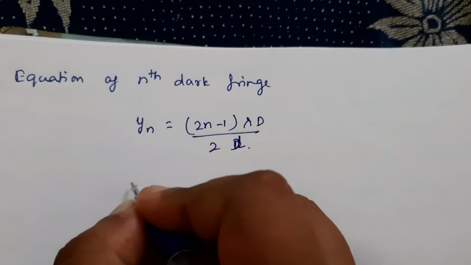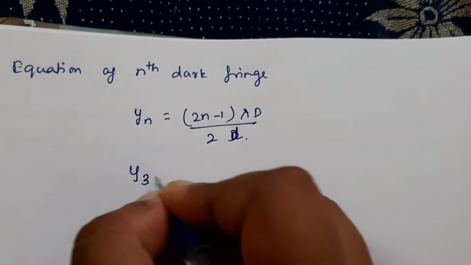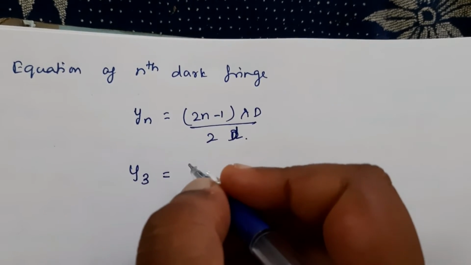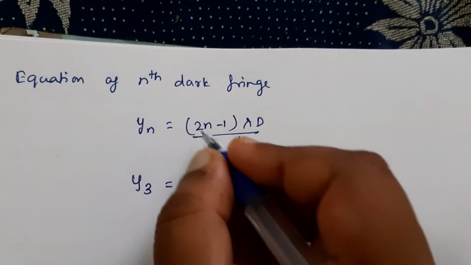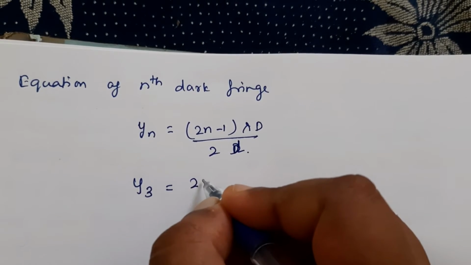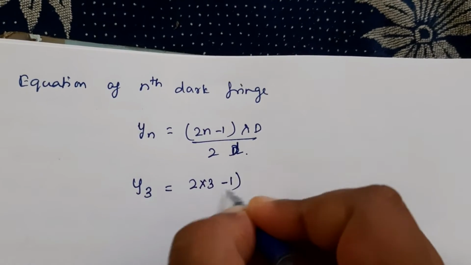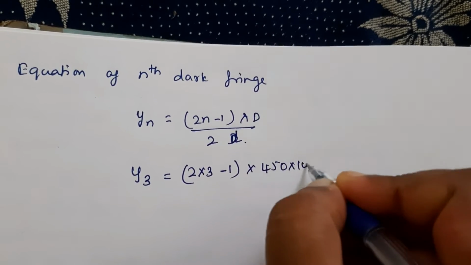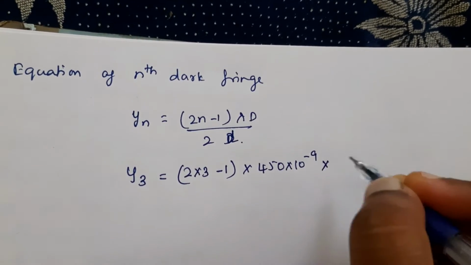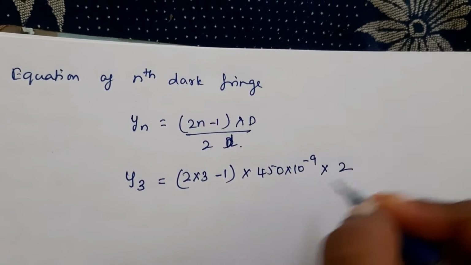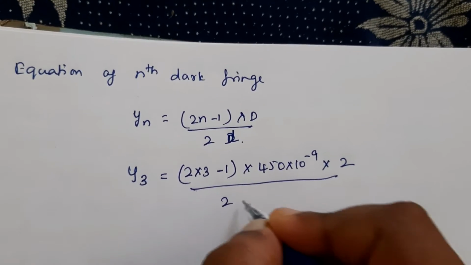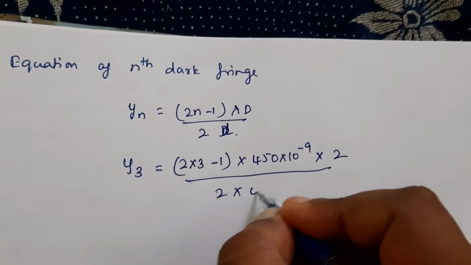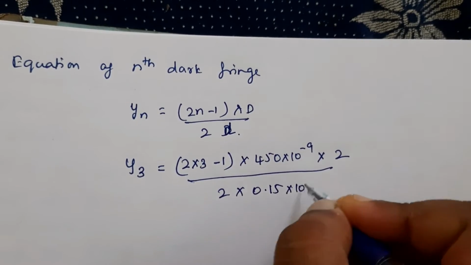Here it is y3 because it is the third dark fringe. So 2 into 3 minus 1, into 450 into 10 raised to minus 9, into D value 2, divided by 2 into small d, 0.15 into 10 raised to minus 3.